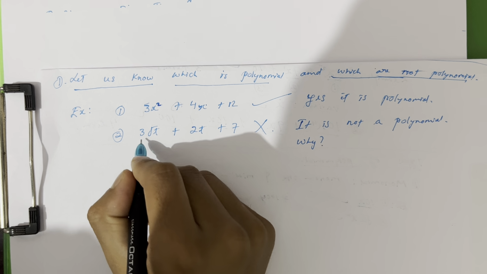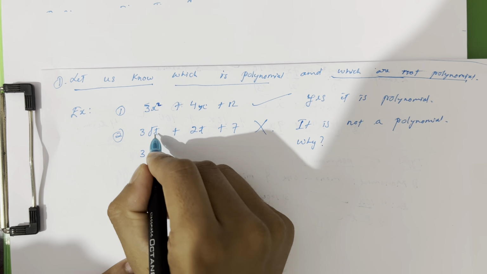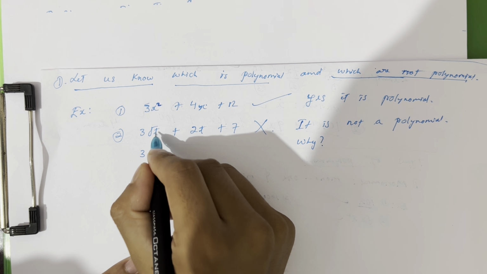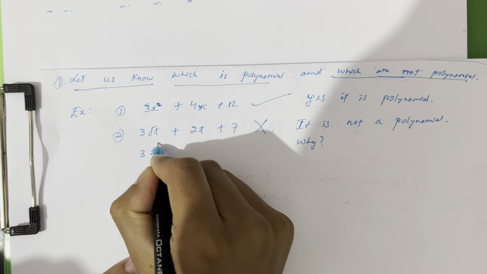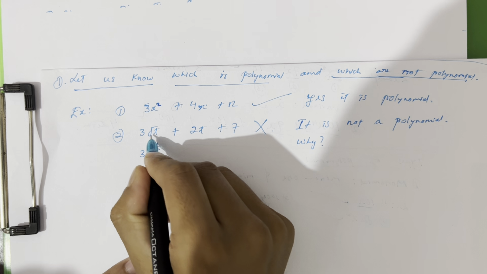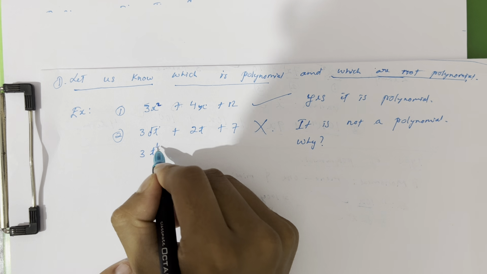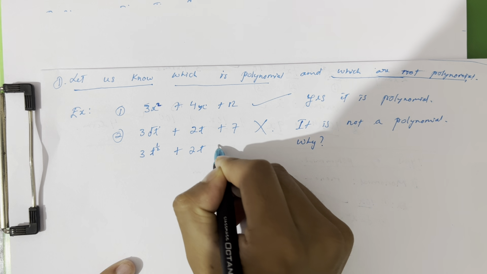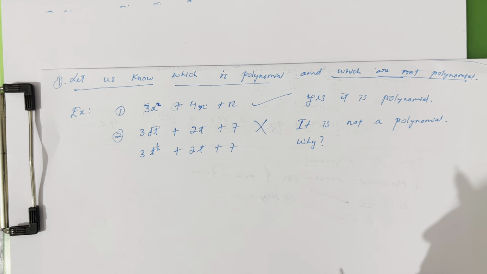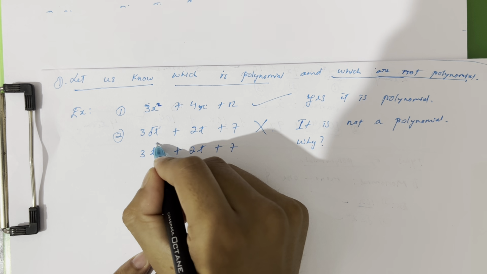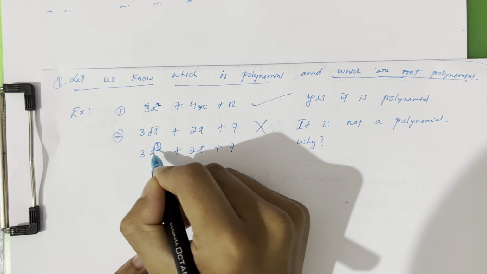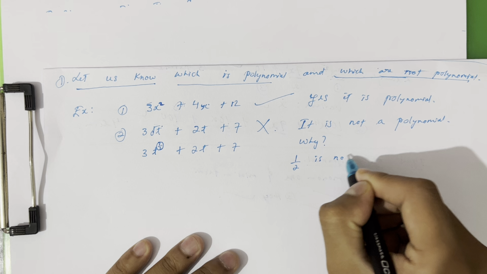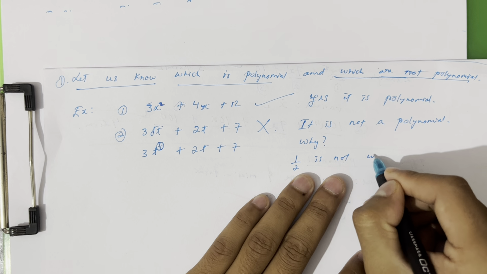Now we check here. 3 root t, I can write like this: t root I can write in the form of this half. Then plus 2t plus 7. Now we check here. This half power t, half is not a whole number.